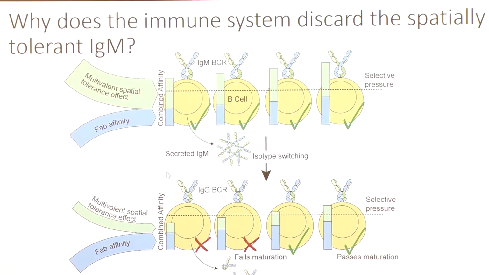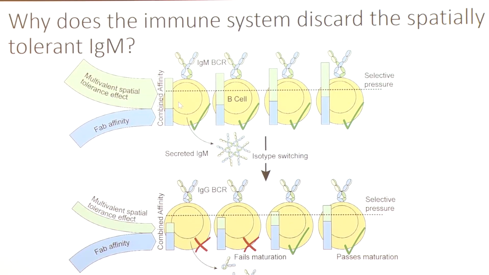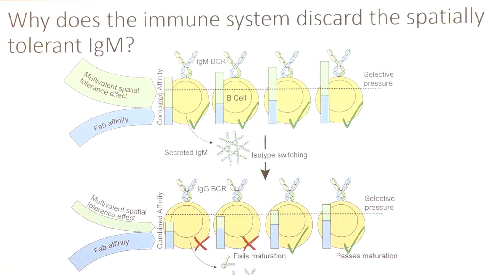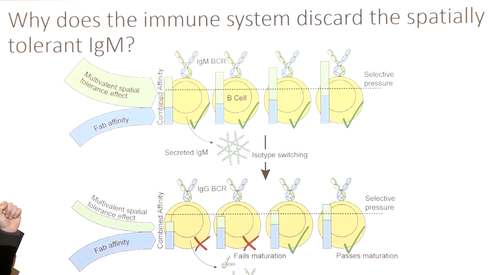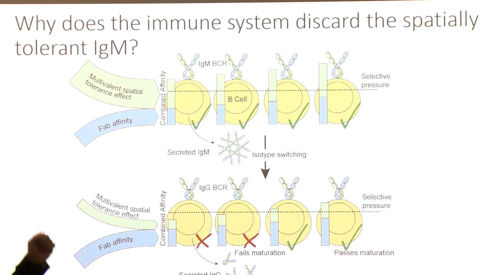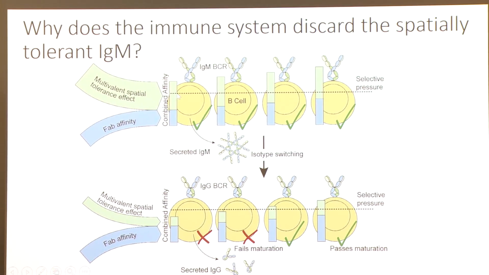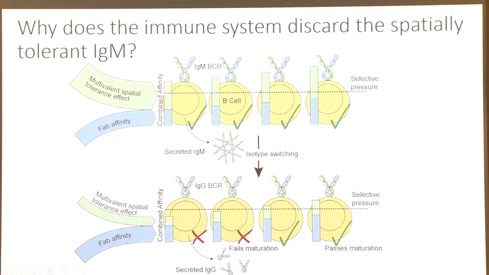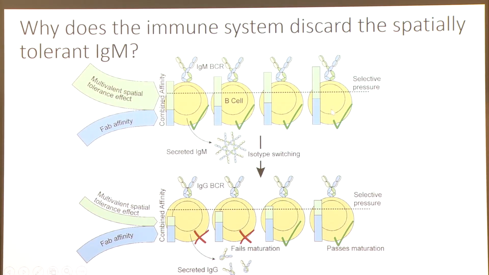So if you think about it, the combined affinity of an antibody would be both the individual arm binding affinity and also a factor from binding bivalently, or binding two arms at the same time. And if you have this combined affinity above the threshold level, let's say that this is the level of the selective pressure when the B cells are maturing in germinal centers, all of these clones would pass the selective pressure.